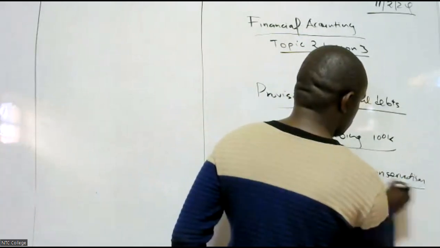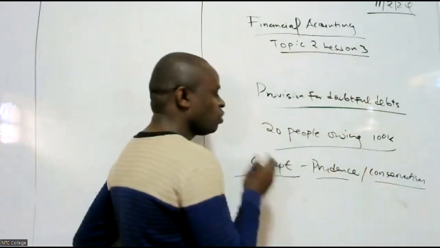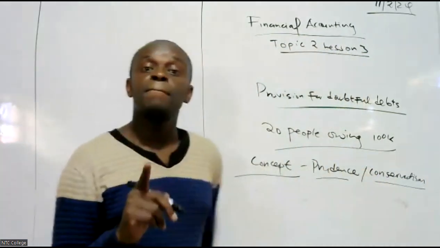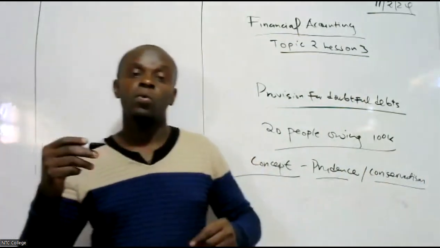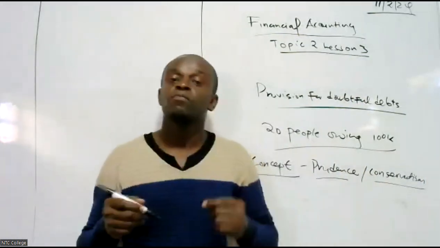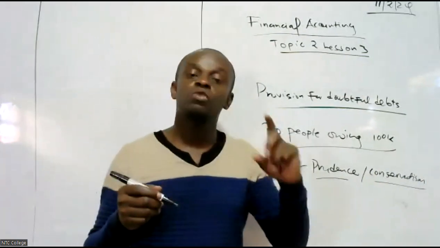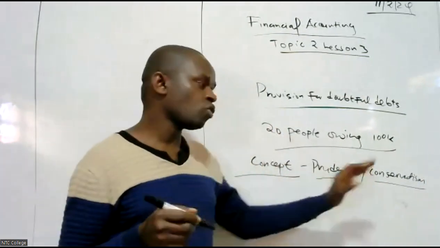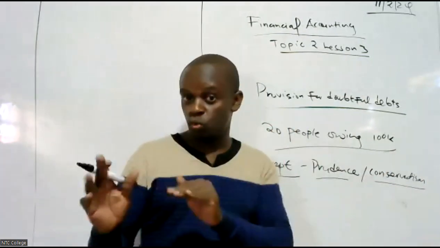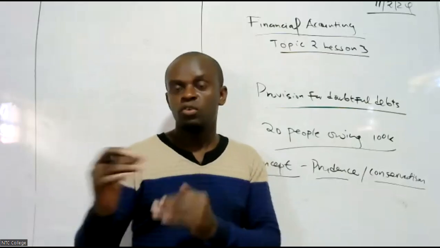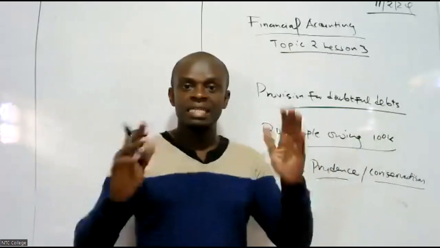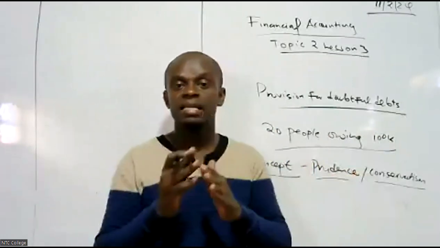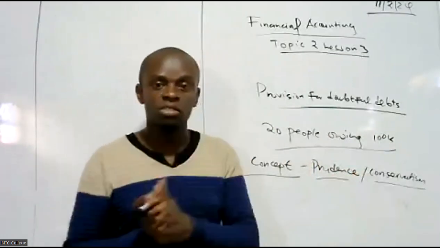So when we talk of doubtful debts, the principle that guides accountants to allocate a figure to doubtful debt is what we call prudence or conservatism, which we are going to look at in the next topic. The next topic we are going to go into is called accounting theory. It's the principles that guide the accounting work, the accounting profession.